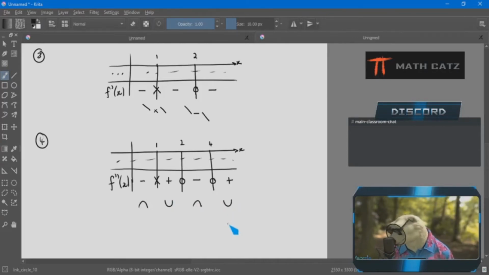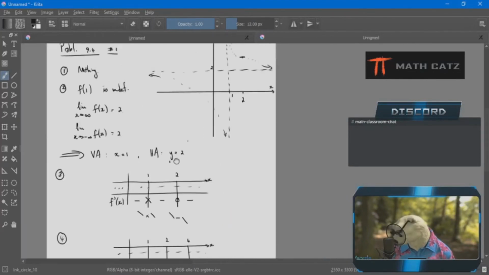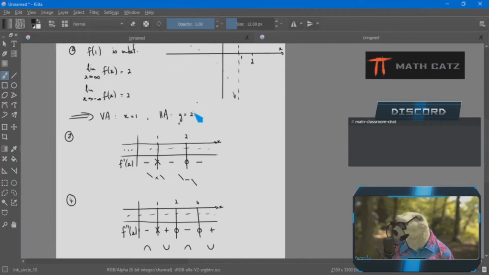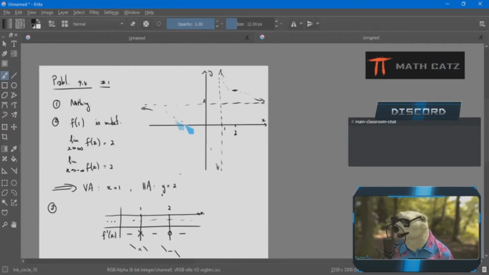Okay, so up to x equal to 1, I'm concave down. I'm bending down, which is what I thought. It fits with how I'm supposed to behave close to the asymptote.